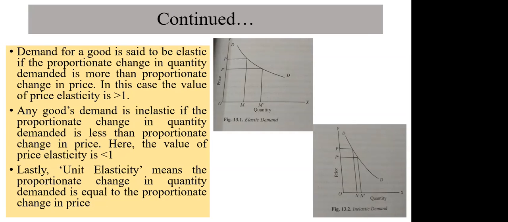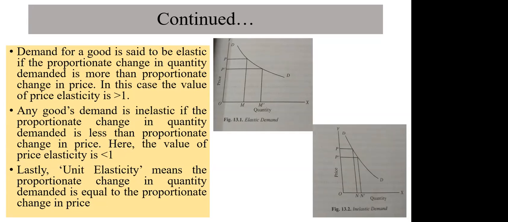So in the case of an inelastic good, the change in the quantity demanded will always be less than the percentage change in the price. So if the price changes by 10%, the proportionate decrease or increase in the quantity will always be less than 10. So in this case, the value of EP or the coefficient will be less than 1.